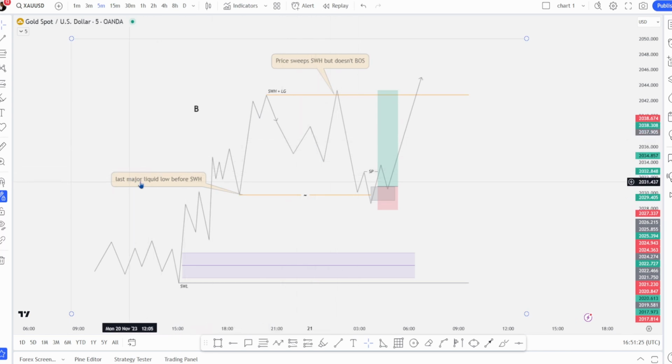So what are we looking for when it comes to our last major liquid low? Realistically, we're looking for a low, in this case, that has swept out previous lows and caused a break of structure. So we need to see it sweeping previous lows.